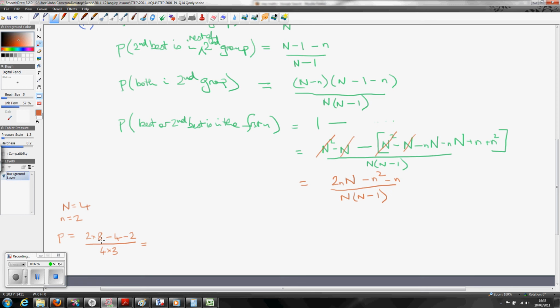And that equals 2 times 8 is 16, minus 4 minus 2 is 10 over 12, which is equal to 5/6. So this is saying that if you interview the 4 candidates, you have 5/6 of a chance of getting either the best or the second best in the first 2.